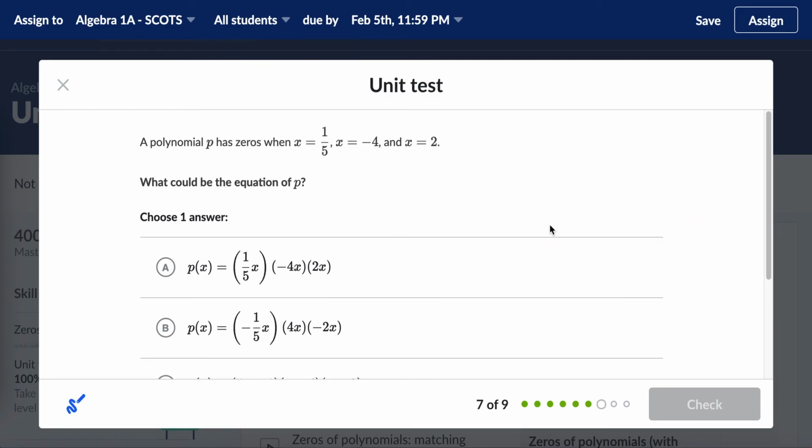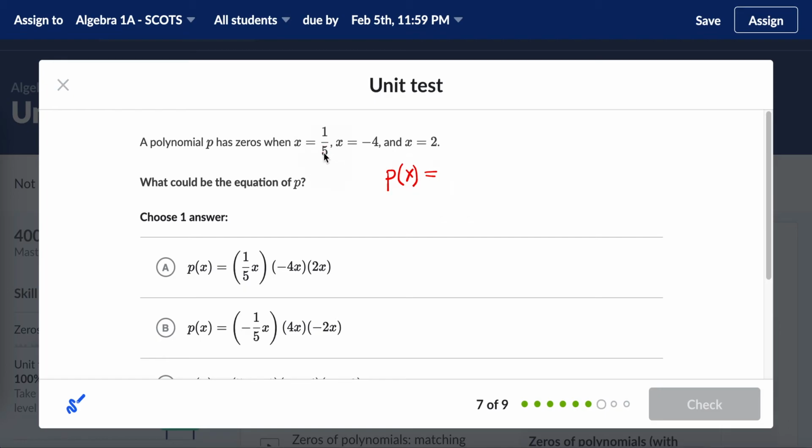Okay, so we're told again, polynomial that has these particular zeros in it. It looks like we've got 3 zeros here. So what could be an equation of this polynomial? So what we can do here is we can actually write this equation reasonably. We can say p of x is equal to, well, remember I said before we don't particularly like giving a factor with a fraction in it.